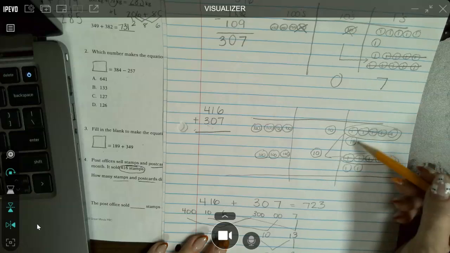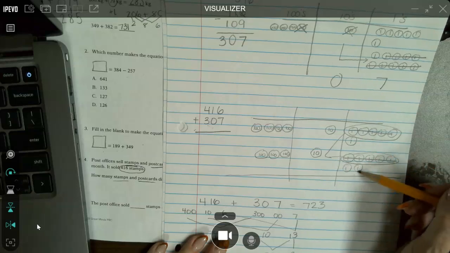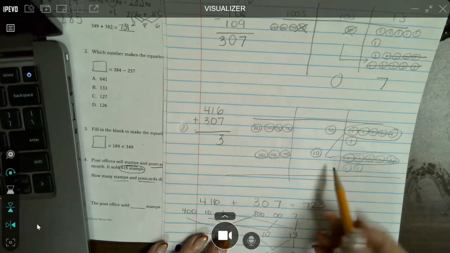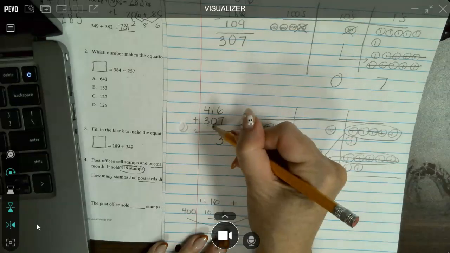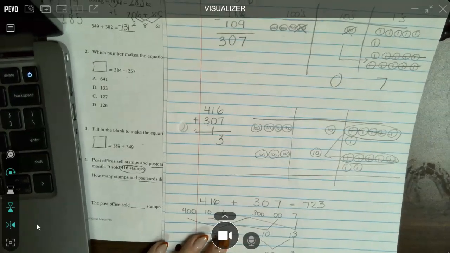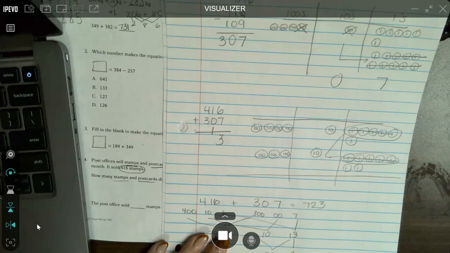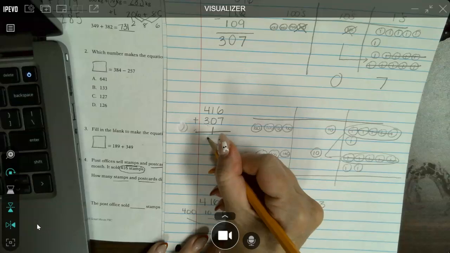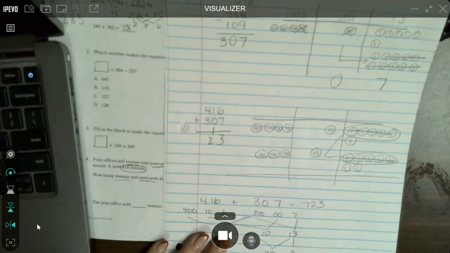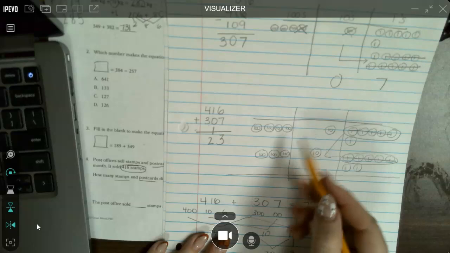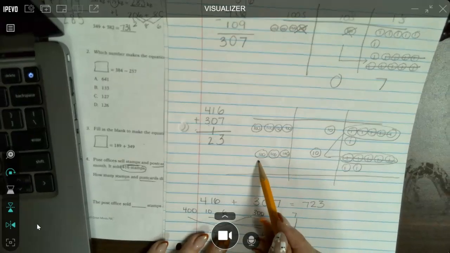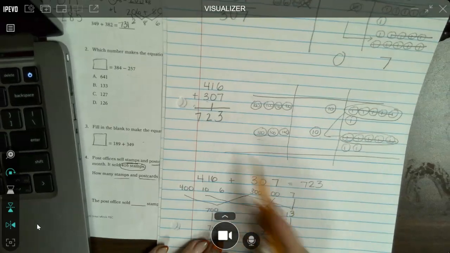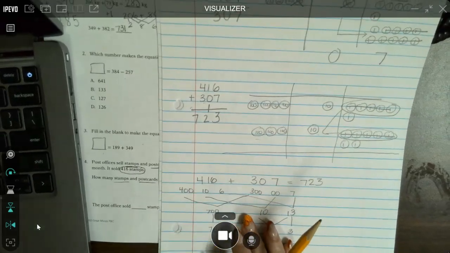We have 10, 11, 12, 13. The 3 goes here. The 10 I just made goes in the tens column. Now I have 10 plus 10. 1 plus 1 is 2 tens or 20. Don't need to rebundle anything there. And I have 400 plus 300, which would give me the 700. Either way, we come out with the same answer.